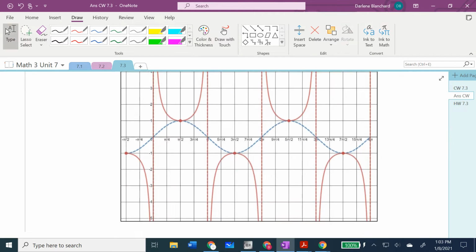You can see in blue, this is the graph of sine. And I can take all the y values of sine that are equal to +1 and -1 and know that those are shared points between the graph of sine and its reciprocal cosecant.